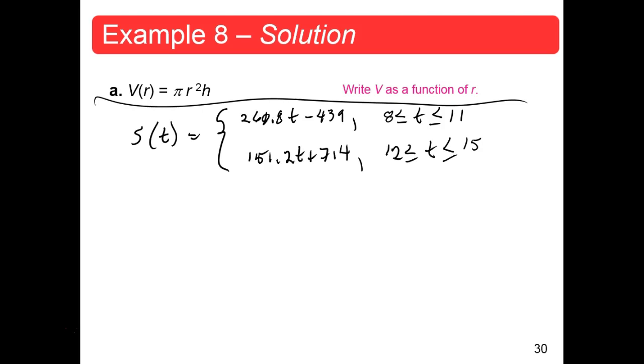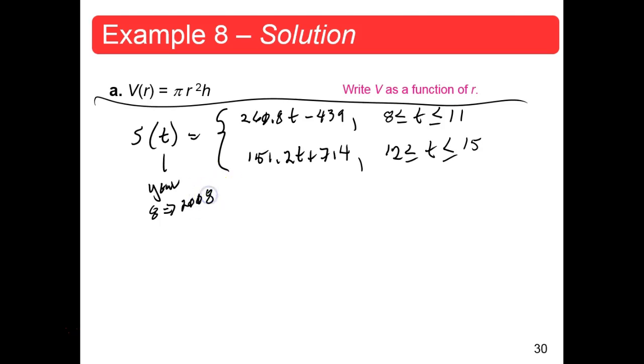Okay. Now, what they want to see, where T represents the year, with, say, 8 means 2008, 15 means 2015.